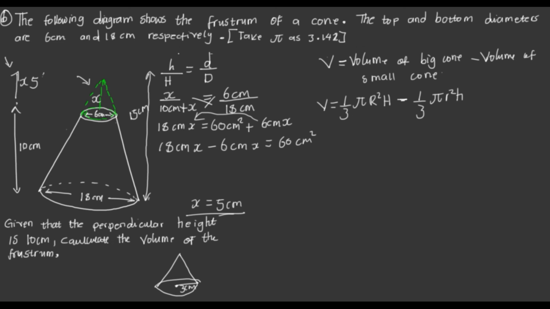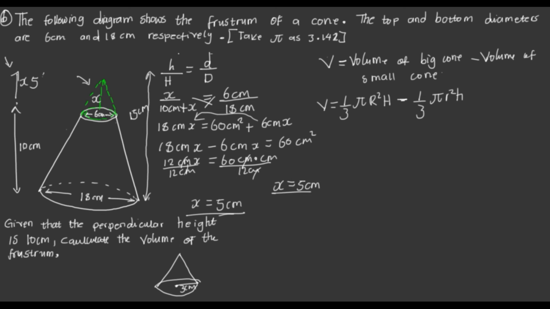So 18 minus 6, we get 12 centimeters x. Then 60 centimeters squared, I'll just write as centimeter times centimeter, so that when you divide by 12 centimeters, we cancel, we get x is equal to, cancel 1 centimeter, 12 into 60 is still 5.